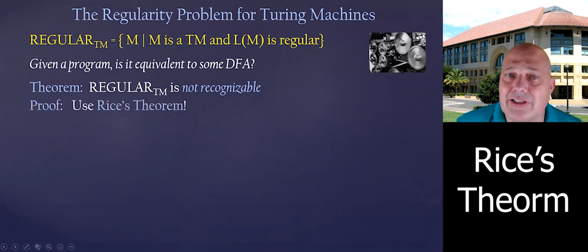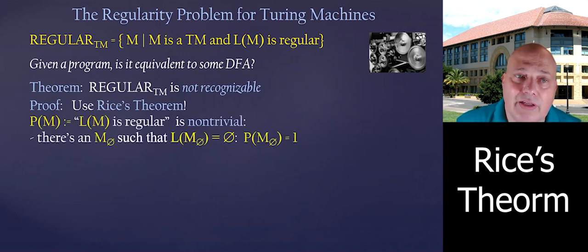So here we're using Rice's theorem, and this property of being regular holds for M naught. And therefore we can conclude that REGULAR_TM is not recognizable rather than just not decidable. So the property that L of M is regular is non-trivial.